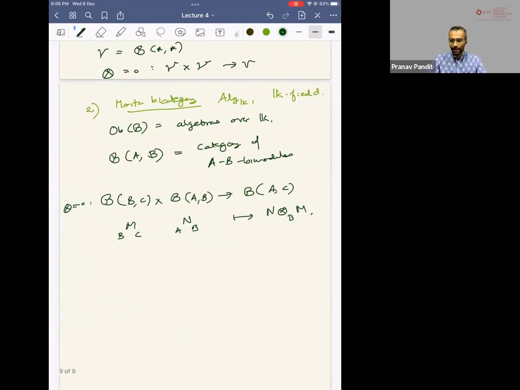You can also construct bicategories from any category by taking correspondences in that category, which is very closely related to Morita theory.